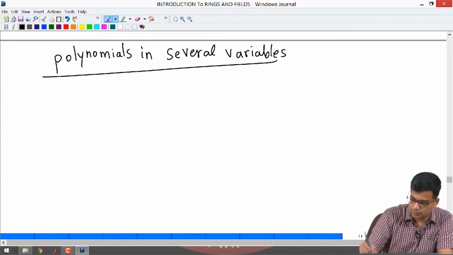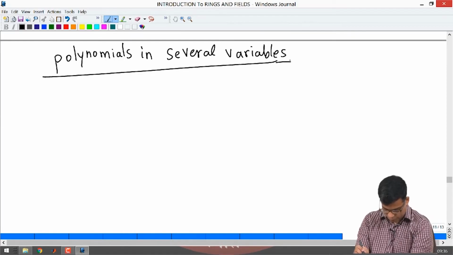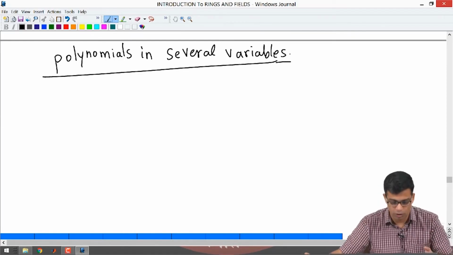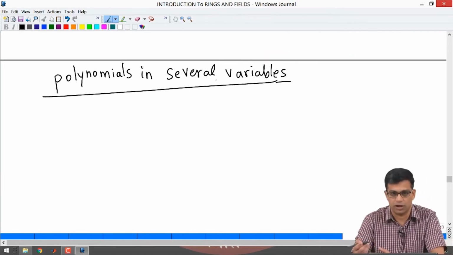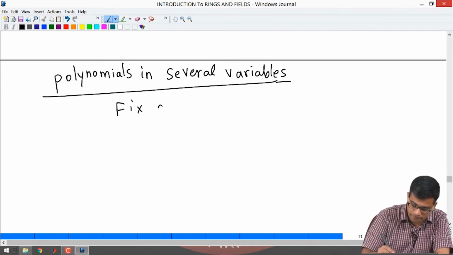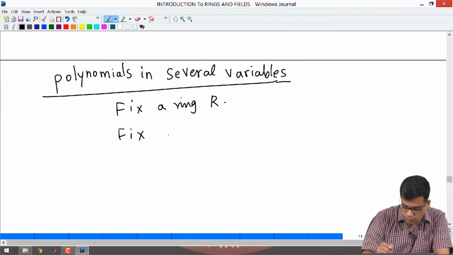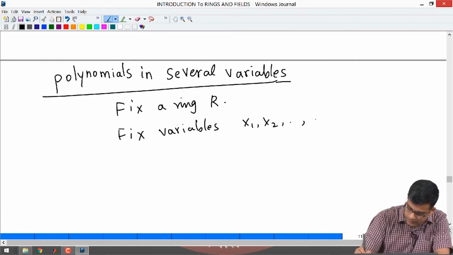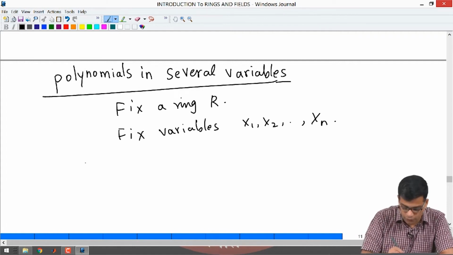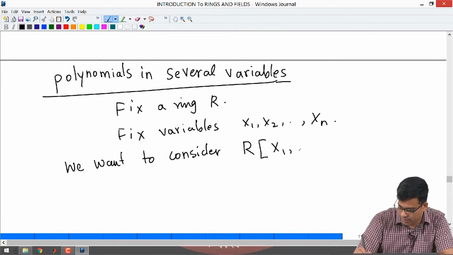Okay. So, we will not discuss a lot at this point, because this will come up later for us, and at that time I will say more, but at this point I will just want to quickly tell you what I mean. So, several variables means more than one variable. So, we will again fix a ring R, and now we fix variables or symbols, let us say n of them, x1, x2, xn, okay, and we want to consider R square bracket x1 up to xn.